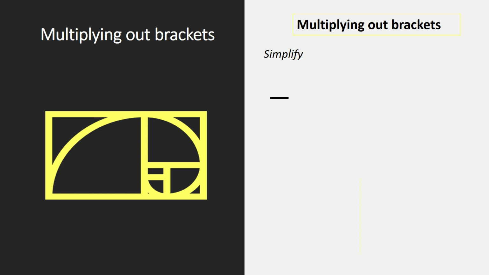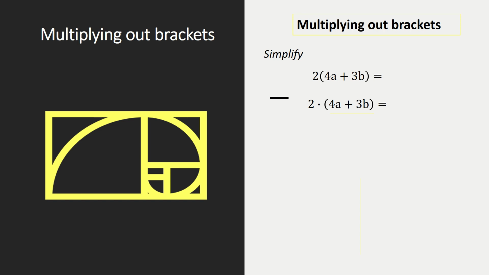Alright, so you could get a question like this. Simplify 2 times (4a plus 3b). Remember that there is a multiplication sign in between a number and brackets. If we look at our order of operations, we would first need to calculate everything inside the brackets, so 4a plus 3b.